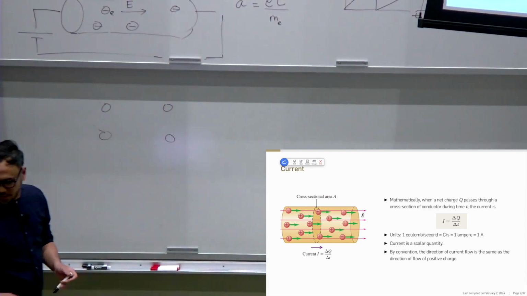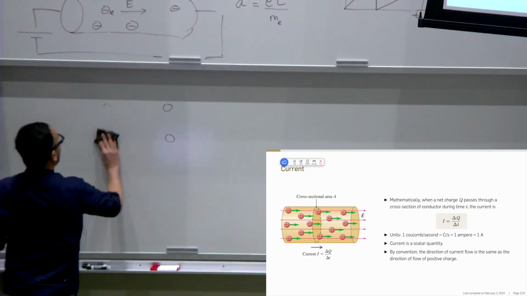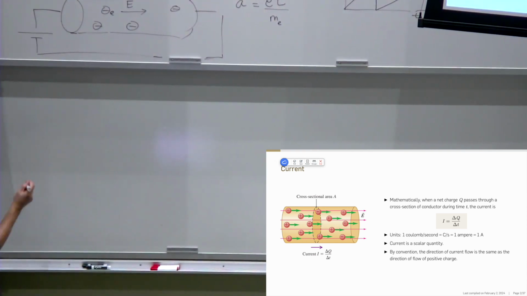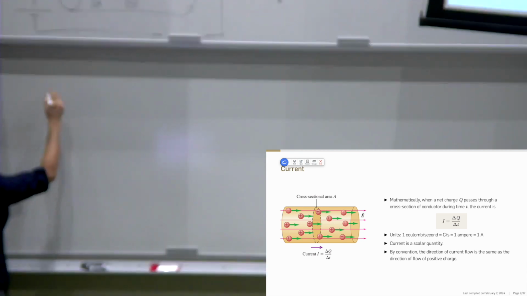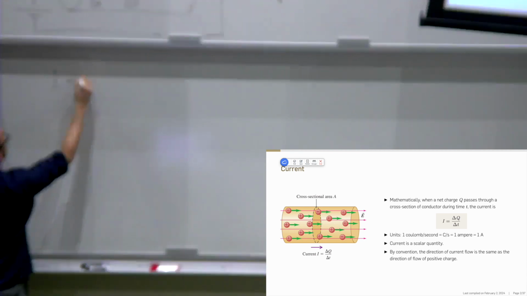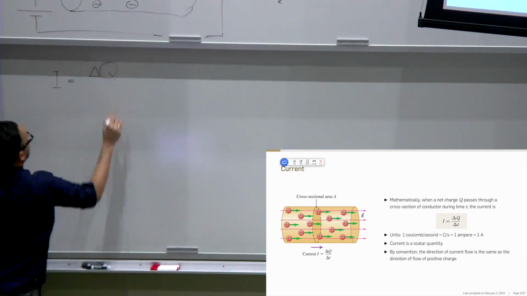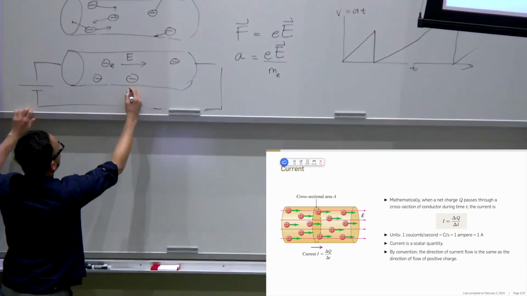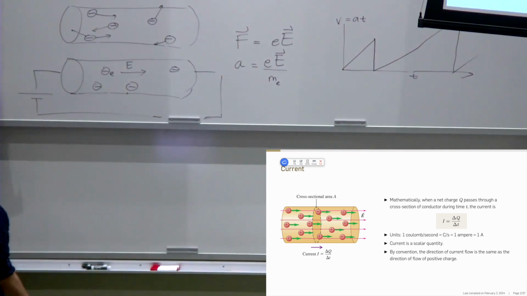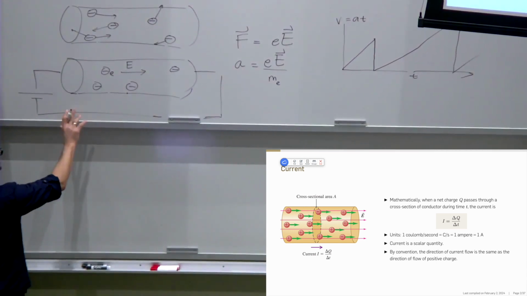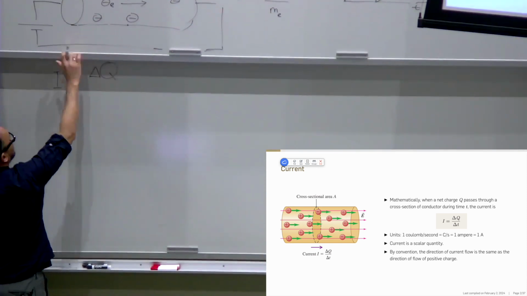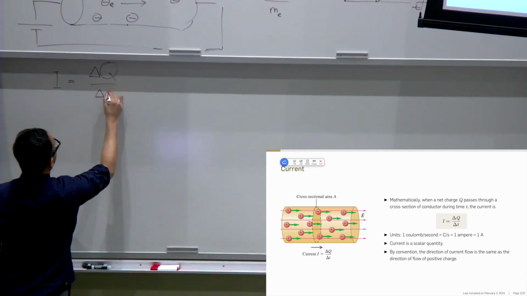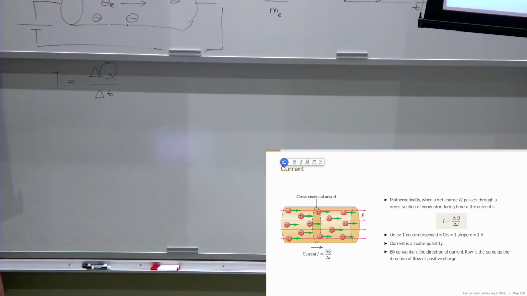Okay. Next, there is a concept of electric current. The electric current is given by this formula, taken straight from your textbook, so the notation should be correct. Let's say you watch at this point and count the number of charges that pass through that area, divided by delta t.